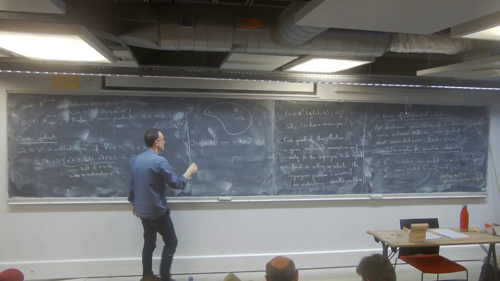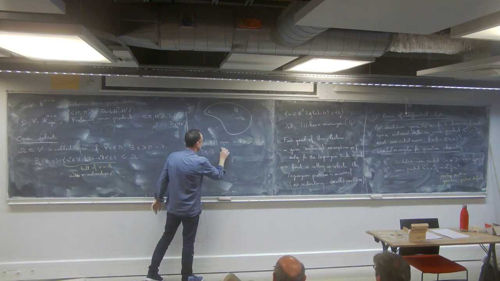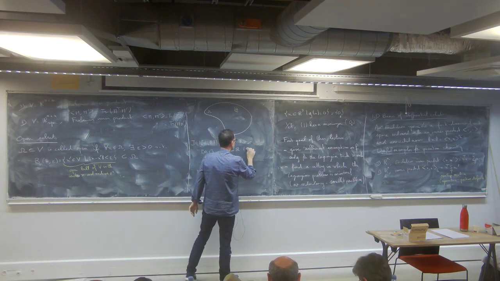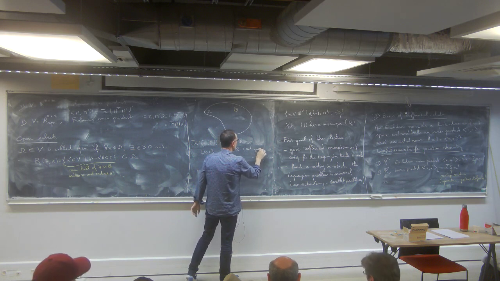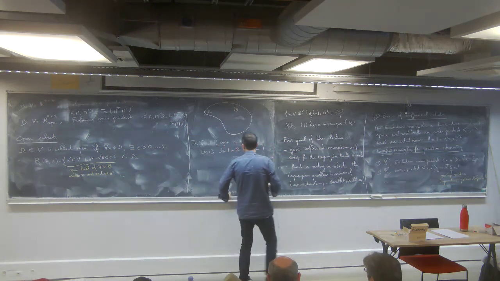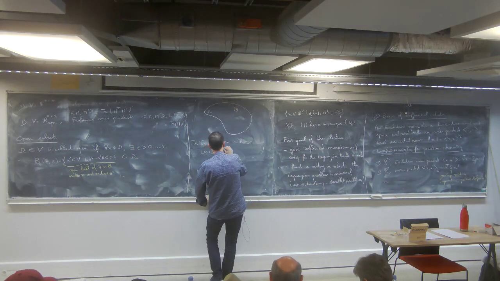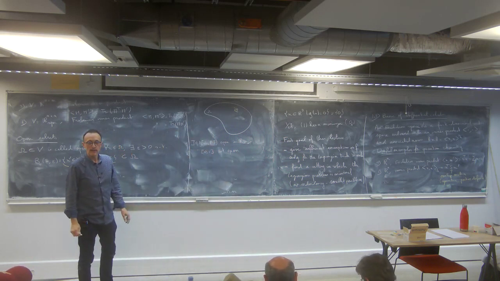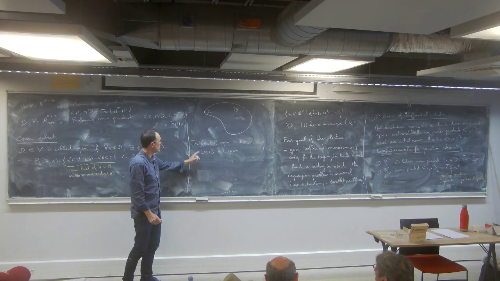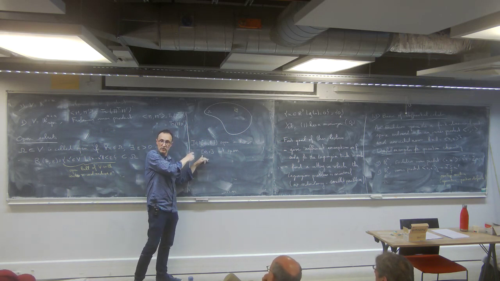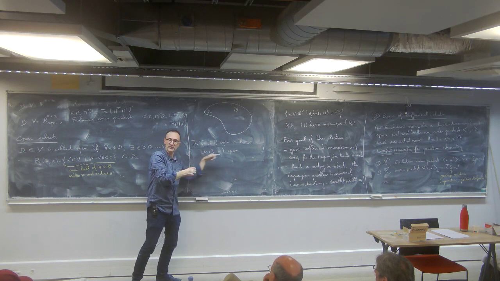This is open in R, and this one is closed in R, and it's not open. This is not open because if you are at 0, you can move in the positive direction, but you cannot move in the negative direction.